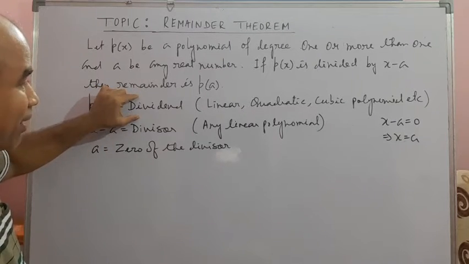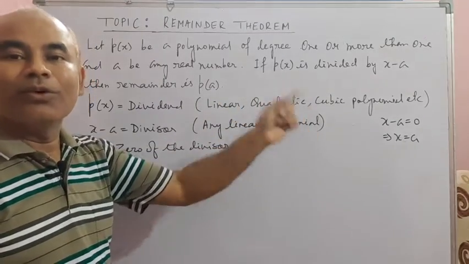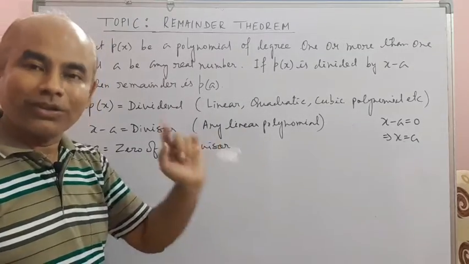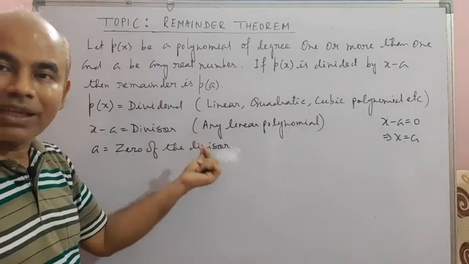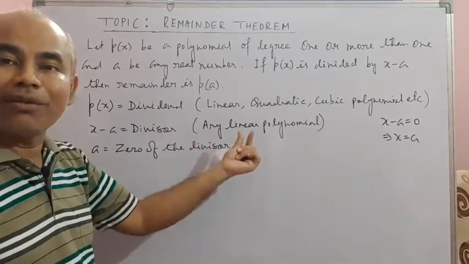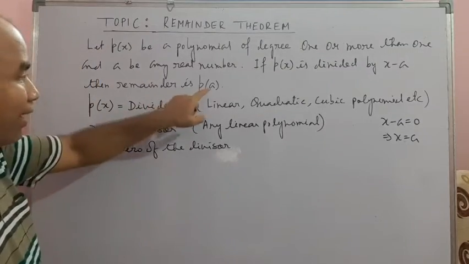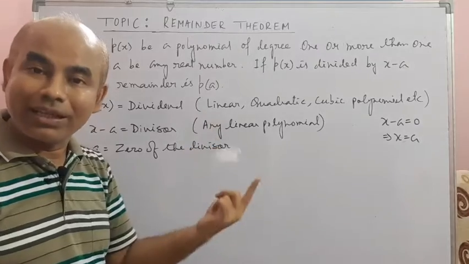The dividend is P(x), which may be linear, quadratic, cubic, or any polynomial whose degree is 1 or more than 1, so not degree 0, not a constant polynomial. Your divisor is, symbolically, x minus a. Actually, it is any linear polynomial. The divisor is always a linear polynomial. And a is the zero of that divisor.